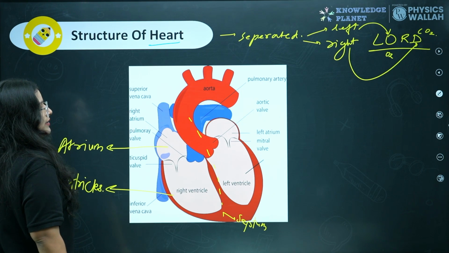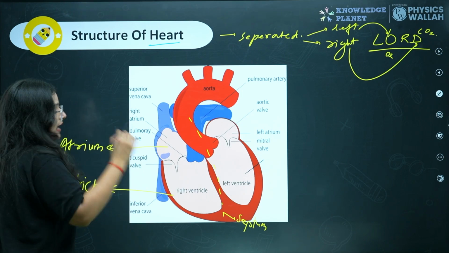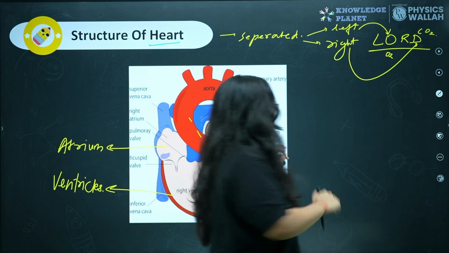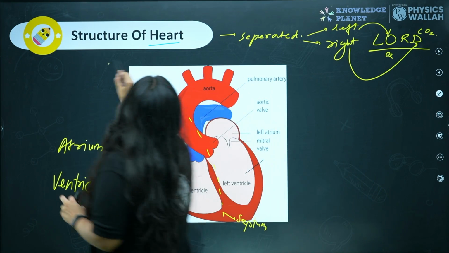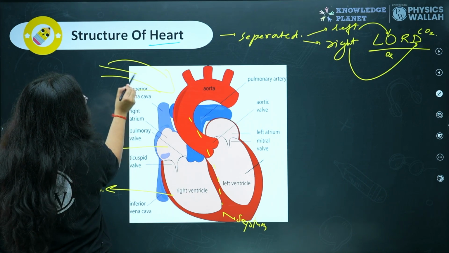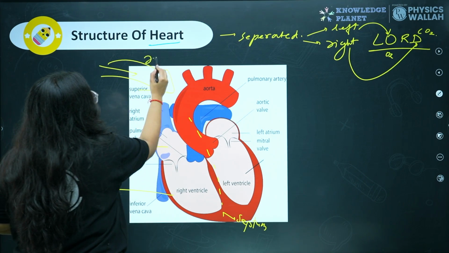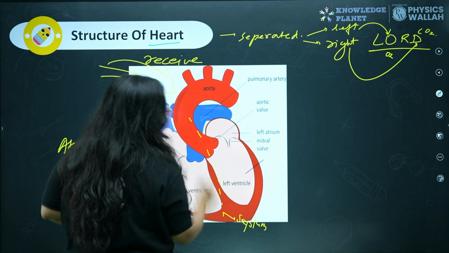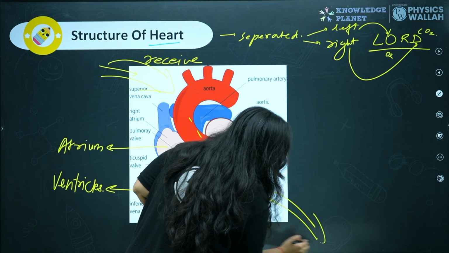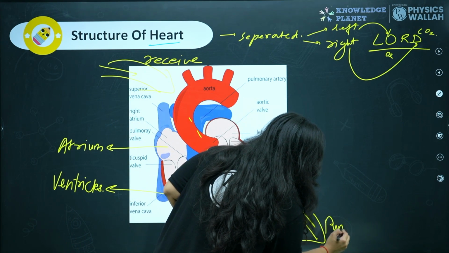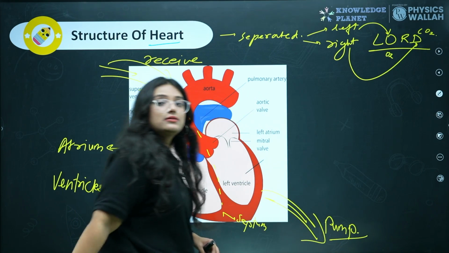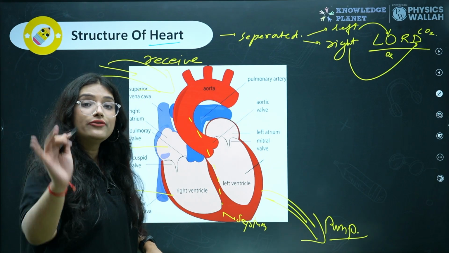The heart will do 2 things. First, it will receive the blood, and then it is going to pump the blood out into different organ systems.